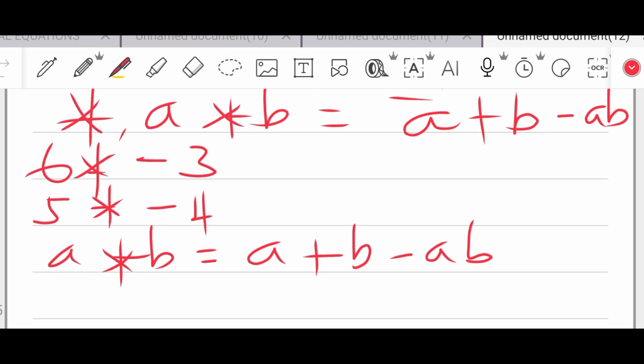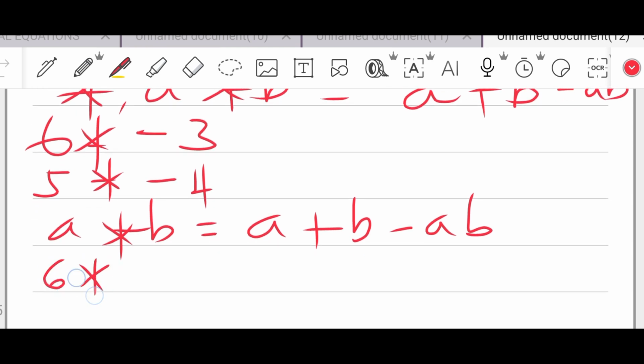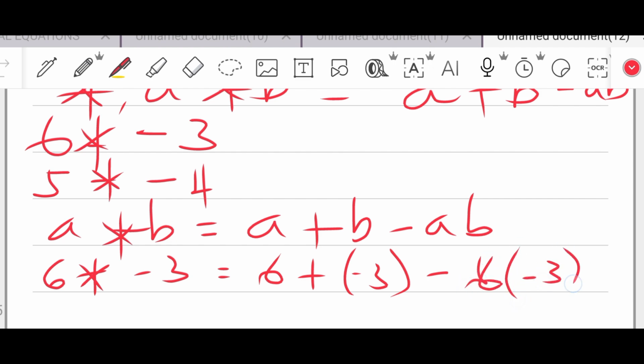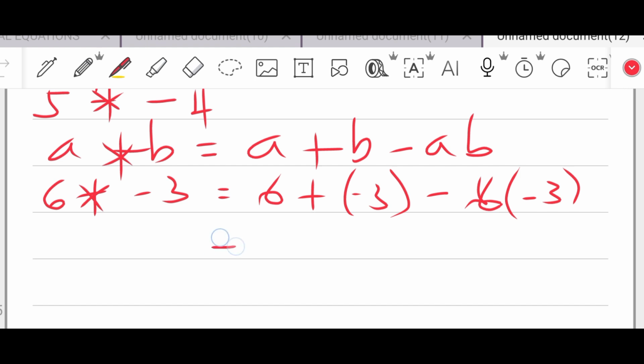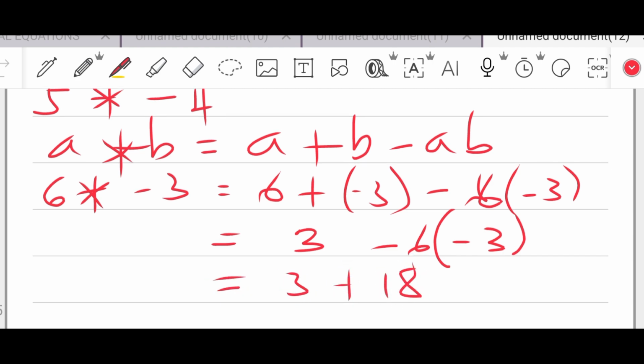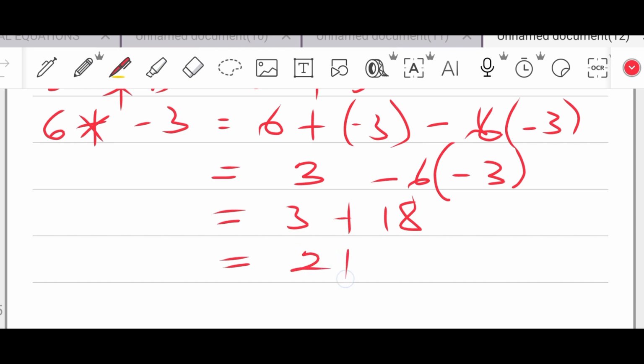So since we have 6 operation -3, we are going to have 6 plus -3 minus 6 times -3. So we add 6 minus 3 giving us 3. Then -6 times -3 gives 18, so we have 3 plus 18, and that should give us 21.